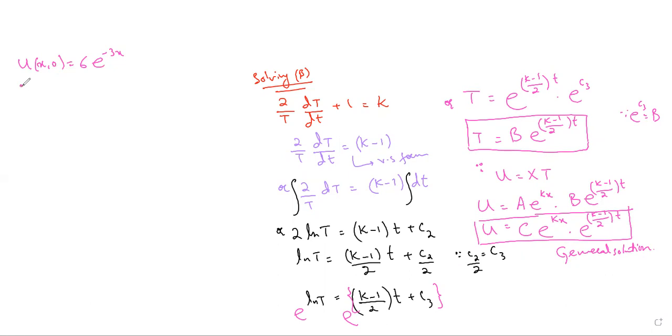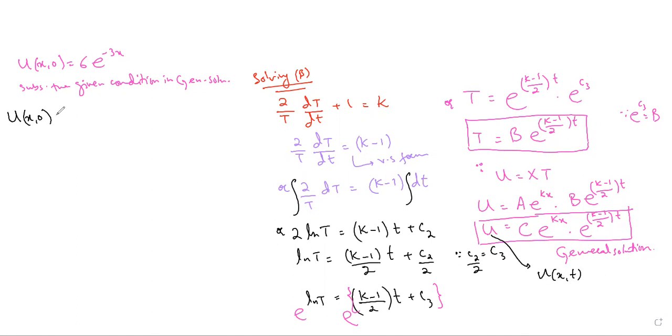So we are just substituting the given condition in the general solution. This u is basically representing u of x comma t, that is basically the general function.